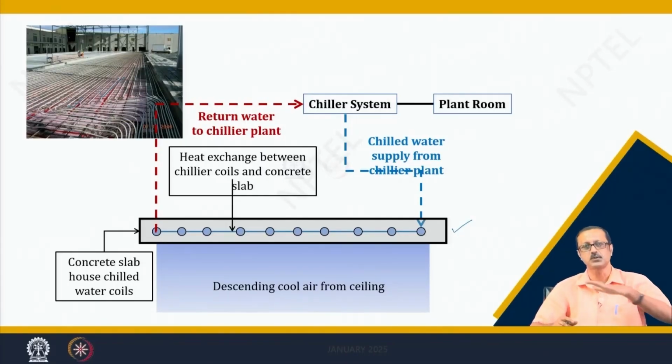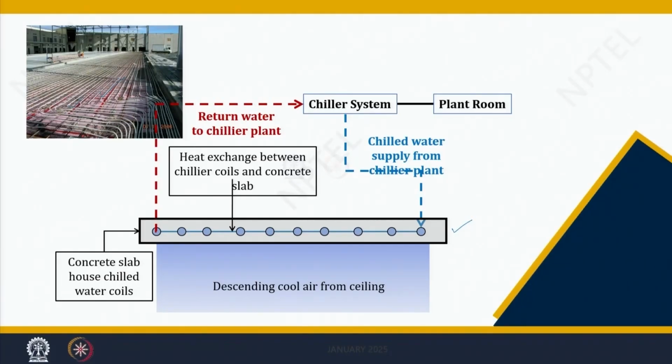If there is a fan or some kind of downdraft, a descending air will be cooled, and that can come from the ceiling, or it can also be implemented in the walls, so it comes from the wall. That is the concept of this type of radiant cooling system.